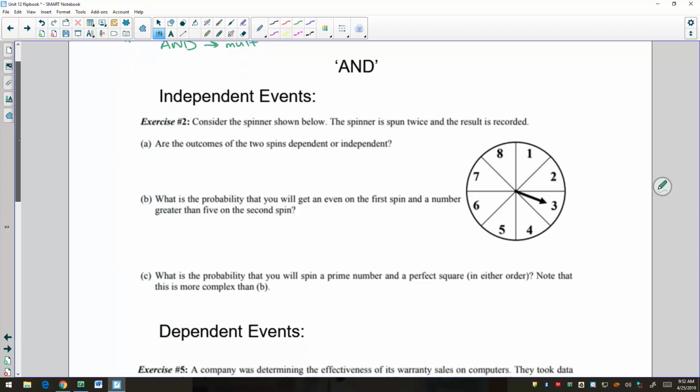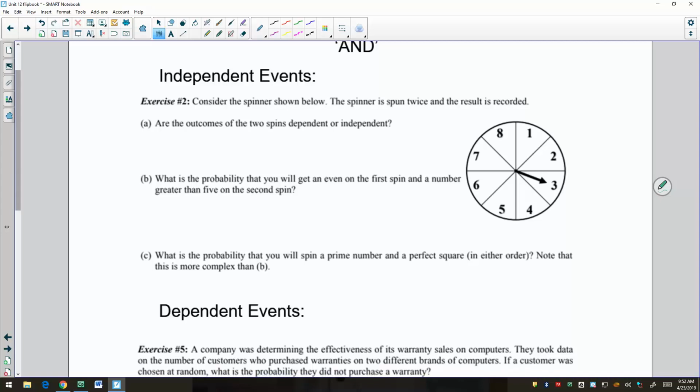So let's look at our first example. I separated the notes into independent versus dependent, so you can take a look at what you would do. If the 2 events are independent, which is actually the first question in exercise 2, we are spinning a spinner twice, and it says, are the outcomes of the 2 spins dependent or independent? They are definitely independent because the first spin doesn't change the probability of the second spin.